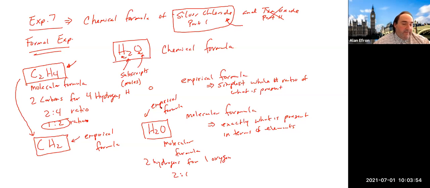Now, another important aspect of empirical formulas and molecular formulas is something similar to what we did in experiment 6, when we were calculating, say, the percentage of water that's present. Basically, when we were calculating the percentage of water or even the percentage of the salt that was present in experiment 6, what we were doing was the percent composition by mass.